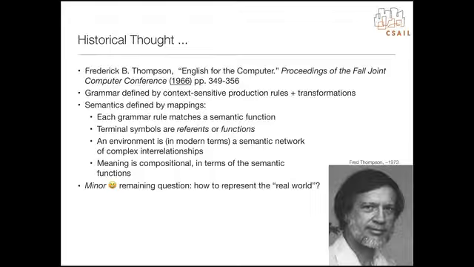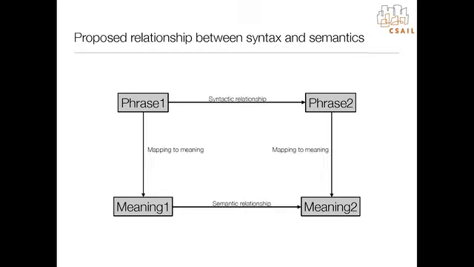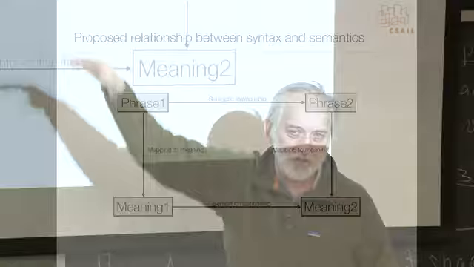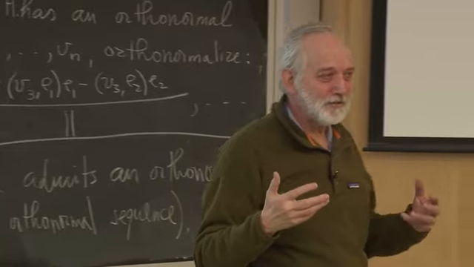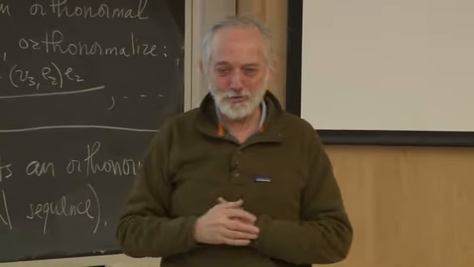So the picture that emerges is one like this, where if you have two phrases and they have some syntactic relationship between them, then you can map each phrase to its meaning, and the semantic relationship between those two meanings is determined by the syntactic relationship in the language. This seems like a fairly obvious idea, but apparently nobody had tried this on a computer before.